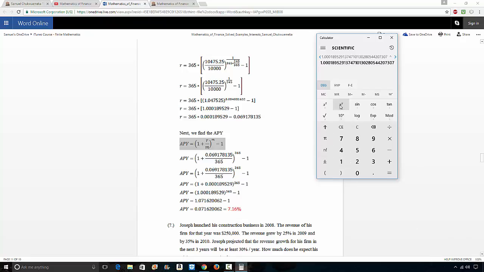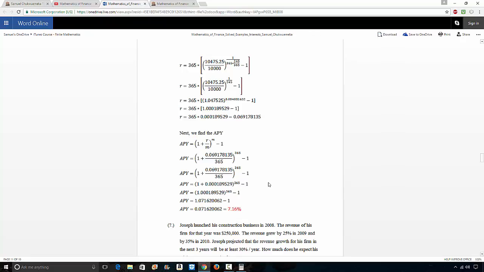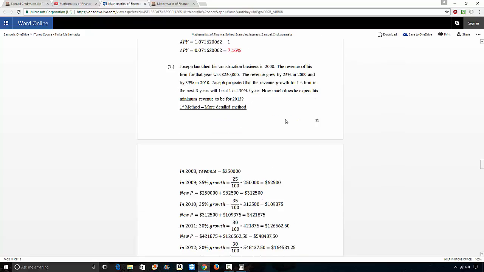And I will raise it to 365 equal to. And then I'll do minus 1 equal to. So because this is a rate also, APY is still a rate, true interest rate. You multiply this by 100. And that gives you this. Okay? So that is the way you do it.